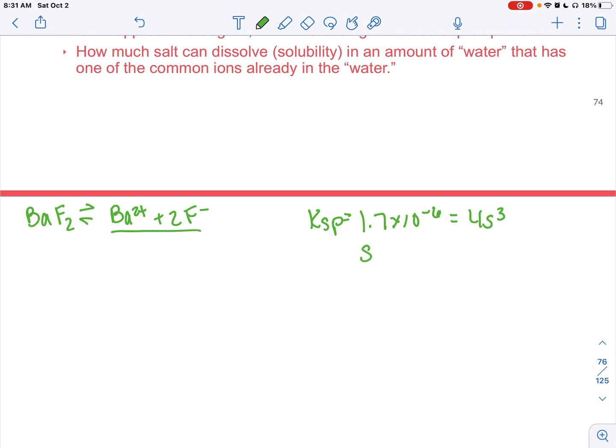And then S, which would equal the concentration of barium, would come out to this. So now if we add a small amount of sodium fluoride again, so I'm going to do 15 grams again.